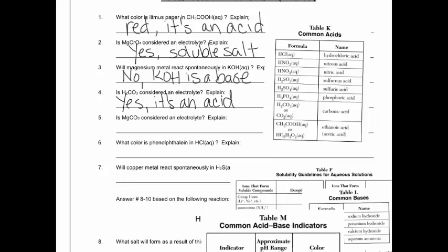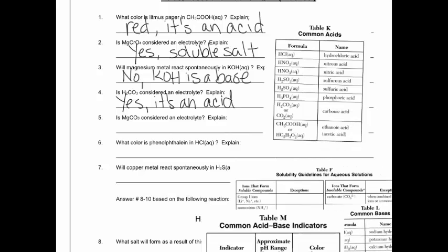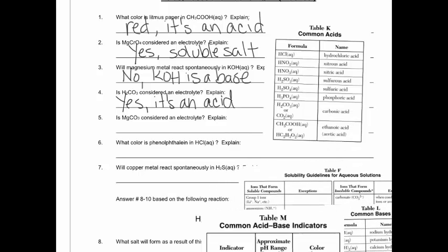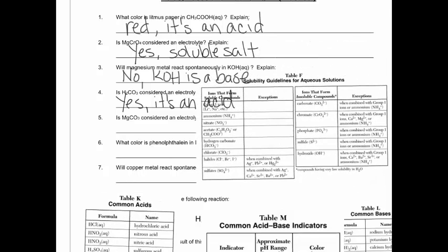Next one, we have MgCO3. Doesn't really look like an acid. Most of our acids actually start with an H. Doesn't really look like a base, although not all of our bases have an OH in them. NH3 doesn't have OH in it, but it's not one of those when we check our list, so it may be a soluble salt again. So I'm going to pull out my table F, and we're looking for CO3.